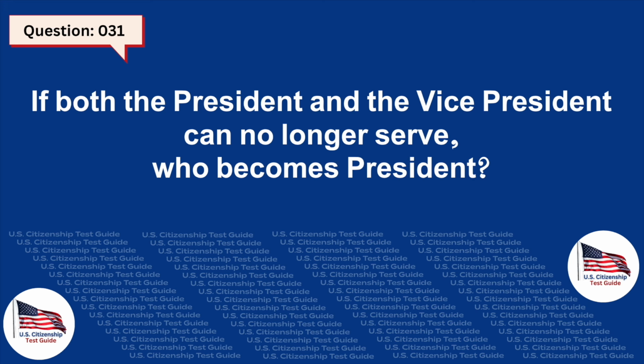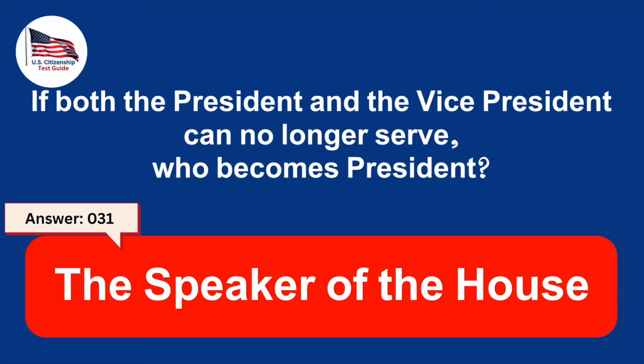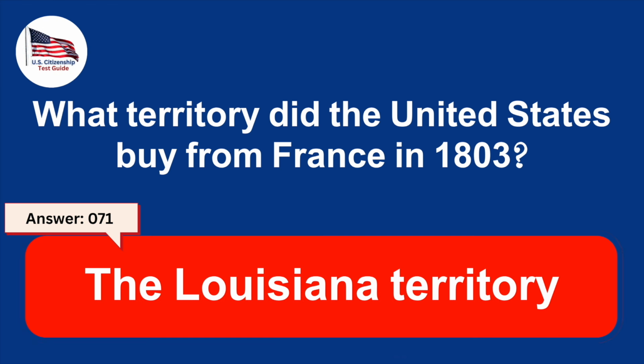If both the president and the vice president can no longer serve, who becomes president? The Speaker of the House. What territory did the United States buy from France in 1803? The Louisiana Territory.